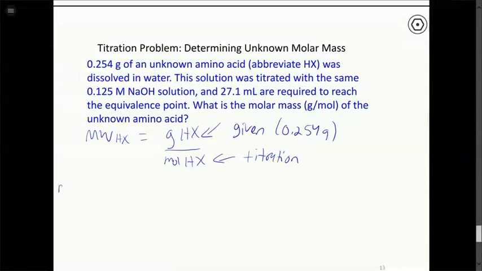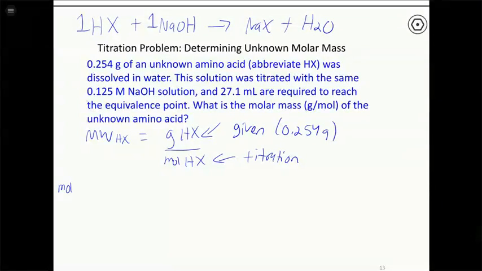So for the moles of HX, we should keep in mind that these react in a 1-to-1 ratio because if it's abbreviated HX, that means it has one acidic proton, and that's going to then react with NaOH in a 1-to-1 ratio. All right, but the important part is, again, this 1-to-1 stoichiometric ratio for the acid and the base.